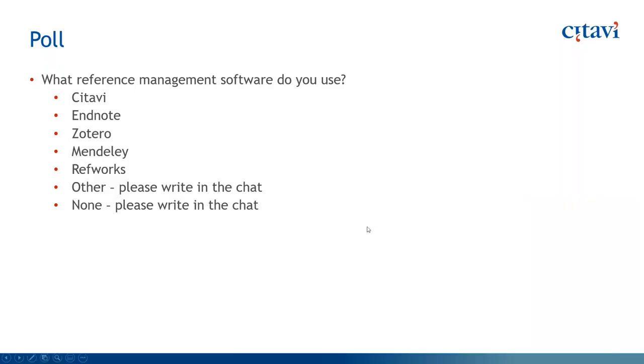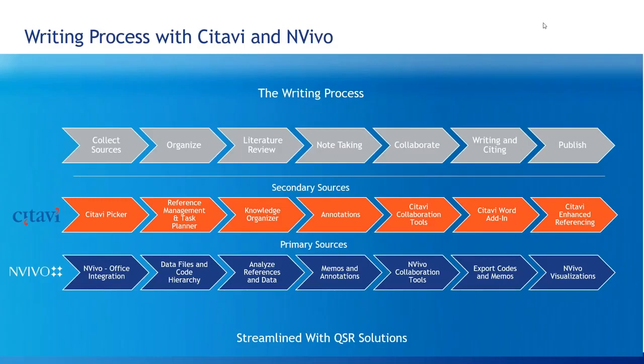And then for those of you who also use NVivo, I just have this graphic to show how Citavi and NVivo can help with your writing process. So think of Citavi as what you're using with your secondary sources, so the articles and resources, all the stuff you're doing with your literature review.